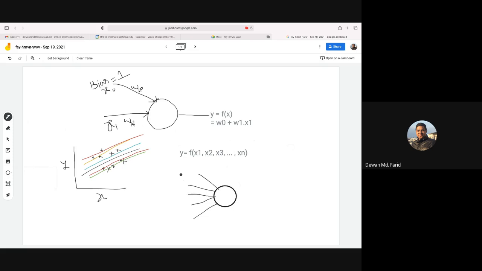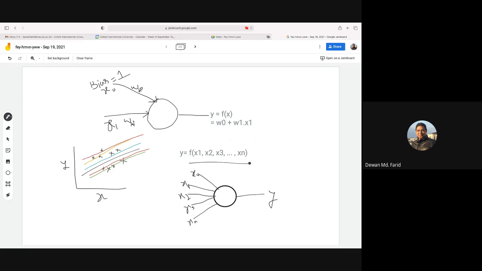So this is our x0 bias, x1, this is x2, this is x3, and this is basically xn. The idea or concept is the same, and this is basically our y. So y is a function of this. Is it clear to everyone?